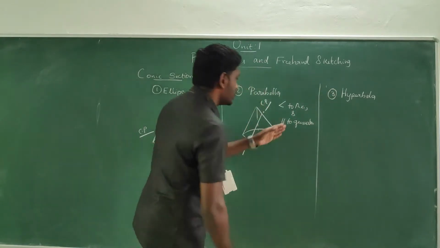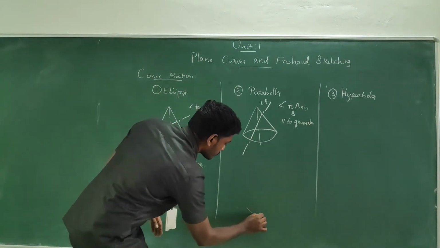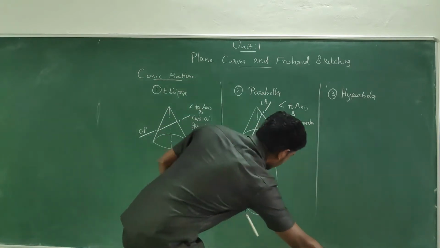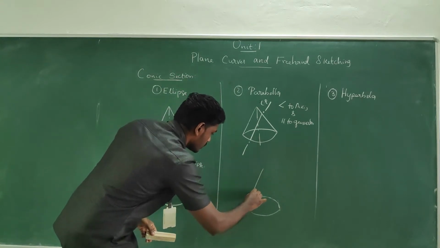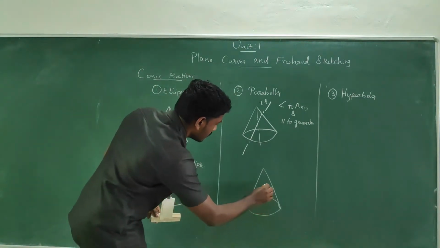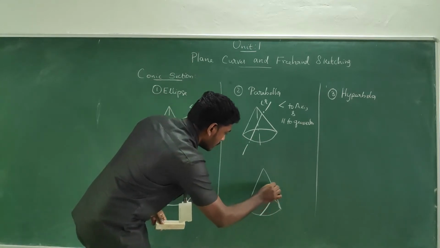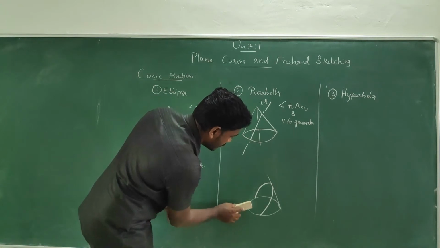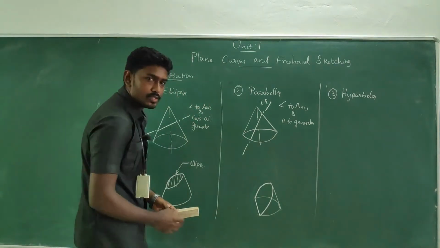So if it is the position of the cutting plane, in the 3D view, I can show you what happens. Just see it. If it cuts, then you could see the shape of this sectioned region as this.